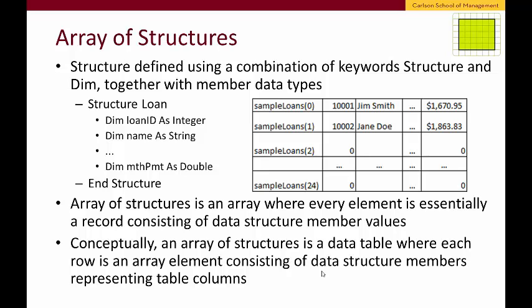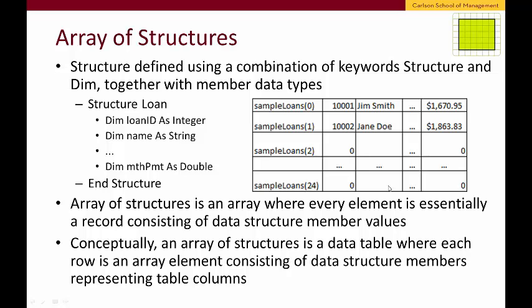Okay, so looking at this slide, an array of data structures can be thought of as a collection of table rows right here. 1, 2, 3, and so forth. Composing an entire loan table as shown right here.